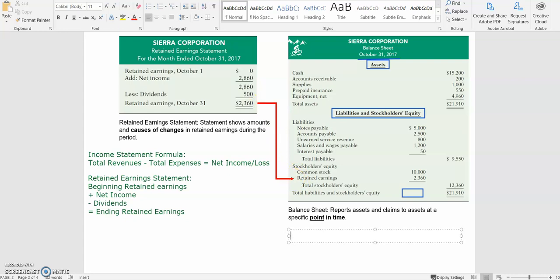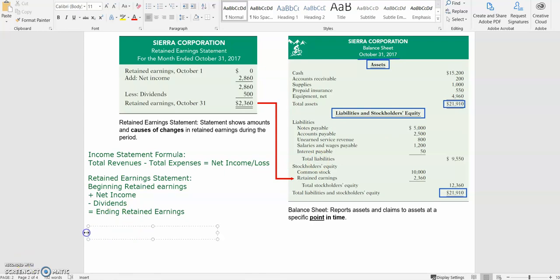And one of the key relationships that you want to notice is that the total assets is going to be equal to the total liabilities plus equity.